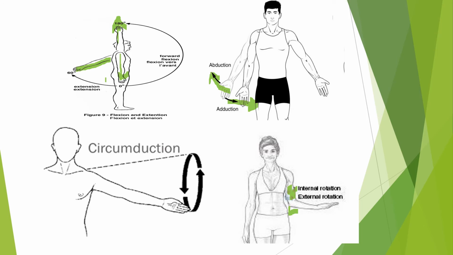In the external rotation the shoulder is moved toward the outer side, and the thumb is in the upward direction and lateral to the head. Here it is an external rotation, because the thumb is in the upward direction and lateral to the head. And this is the circumduction. The shoulder is moved in a circular motion.